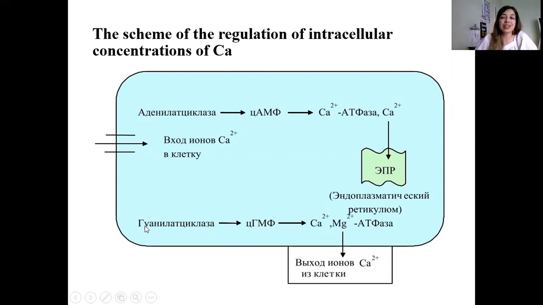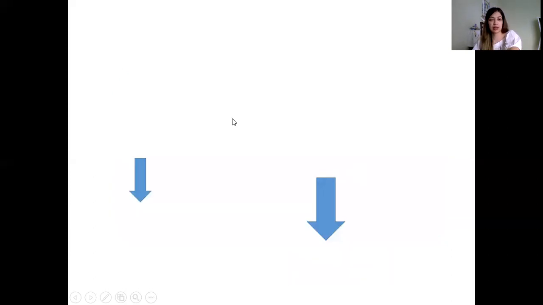Also, we have guanylate cyclase, which produces cGMP and activates the calcium-magnesium ATPase, which brings the calcium out of the cell, which leads to a decrease again of intracellular calcium. Okay, so these are the systems we will work with when we discuss the drugs which affect the level of intracellular calcium.